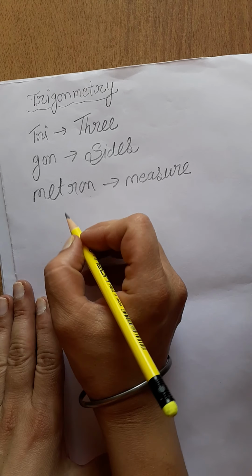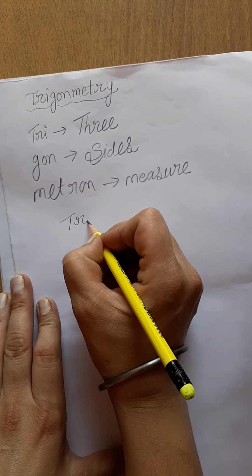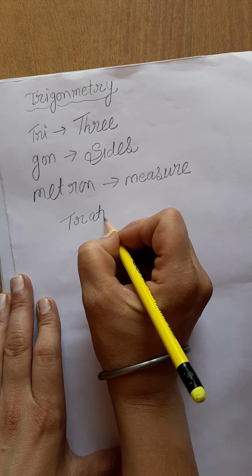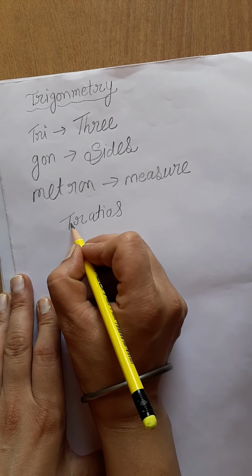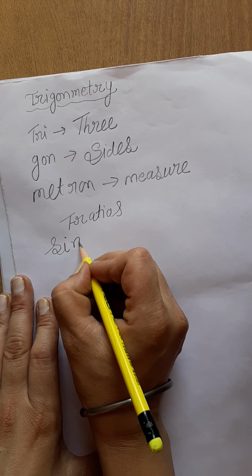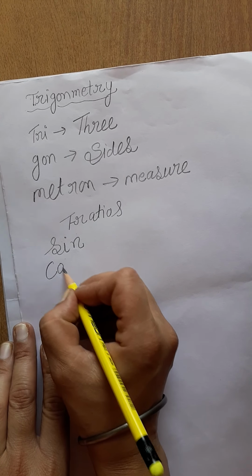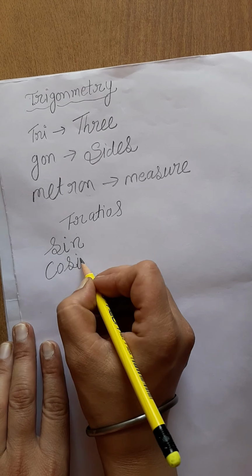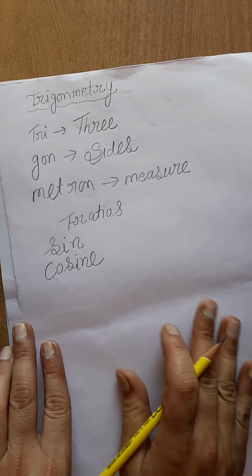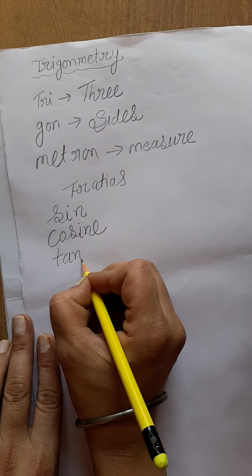So, I will introduce you to some T ratios. First of all, there are 6 T ratios and we start these T ratios with sine. The first T ratio is sine. The second one, cosine. The third one is tangent.